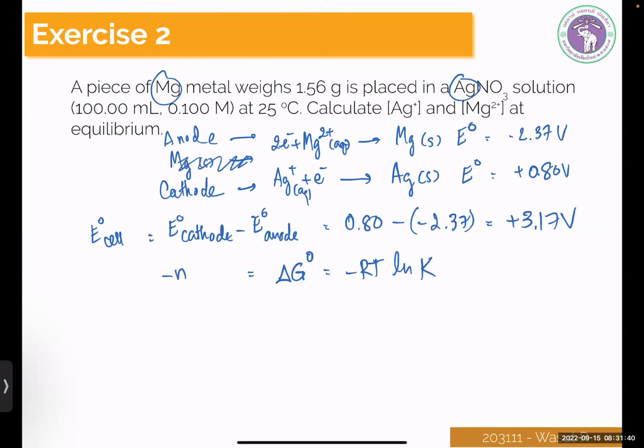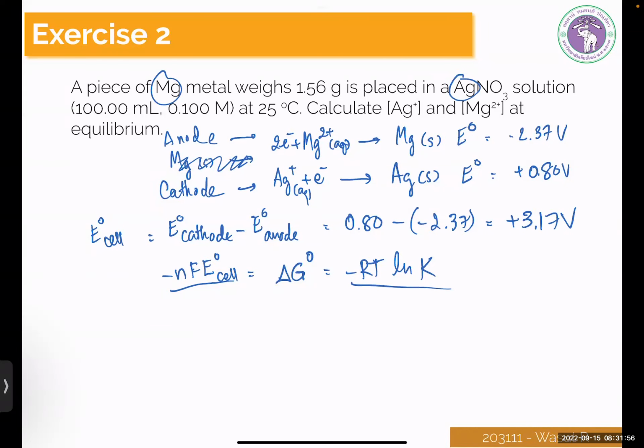But delta G naught also has another relationship to the E naught of the cell, which is minus n times F times E naught of the cell, right? So these two terms are equal: minus nF E naught cell is equal to minus RT times the natural log of the equilibrium constant.